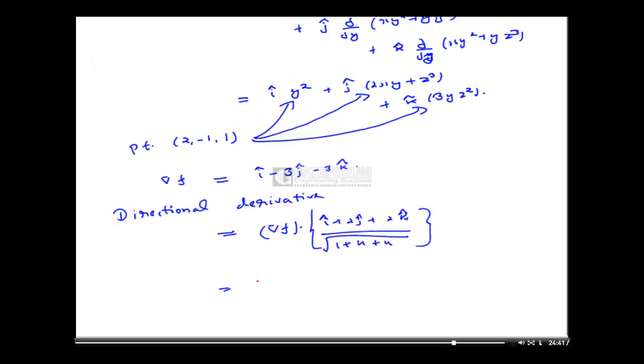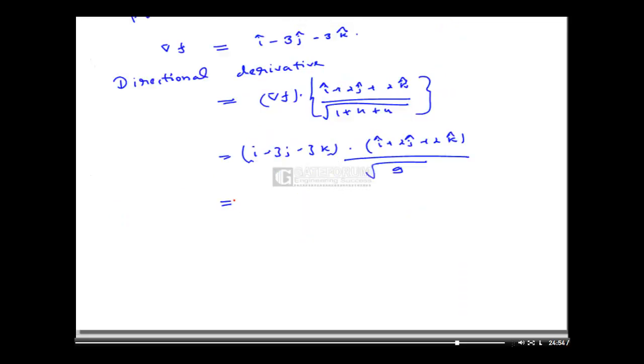So I will get (i - 3j - 3k) dot (i + 2j + 2k) upon 9, which is 3. This is equal to (1 - 6 - 6) by 3, which is -11 by 3. So this is the directional derivative of the given function at the point in the direction of the given vector. This is the procedure for finding the directional derivative.